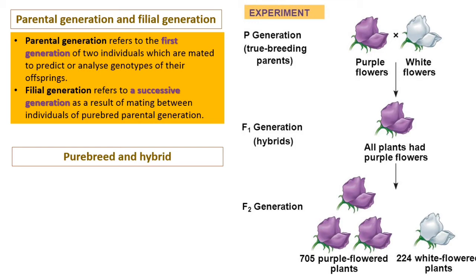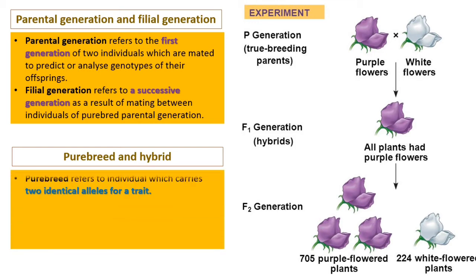Purebreed refers to an individual that carries two identical alleles for a trait. Okay, kalau purebreed, sini purple flower, P besar. White flower, P kecil. Okay, two identical alleles for a trait. Self-cross always produces offspring which have the same characteristic in every generation.